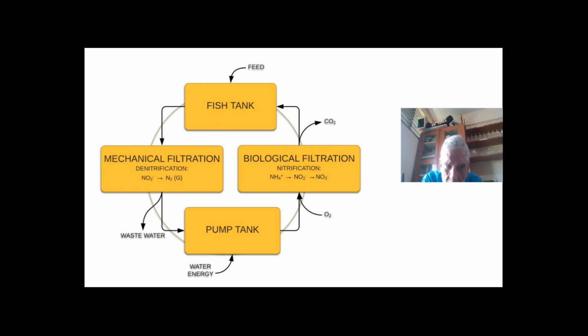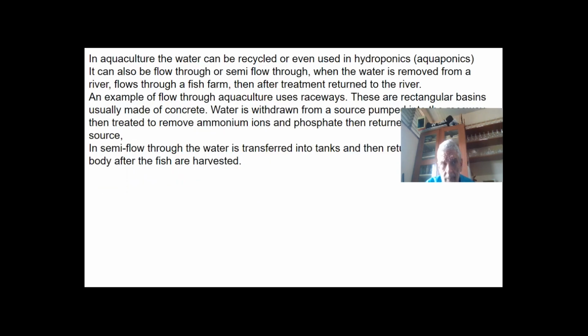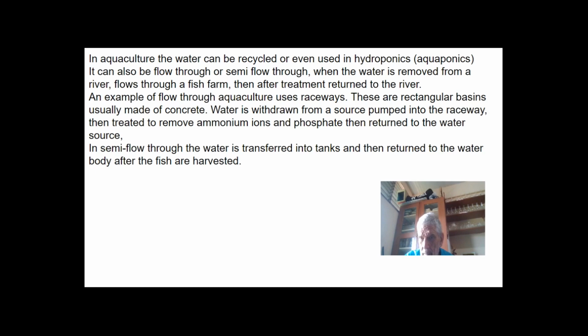And this is a serious problem. What happens to the wastewater? And then some of it can be returned to the pump. That depends on how effectively we filter the water. So in aquaculture, the water can be recycled or even reused in hydroponics.